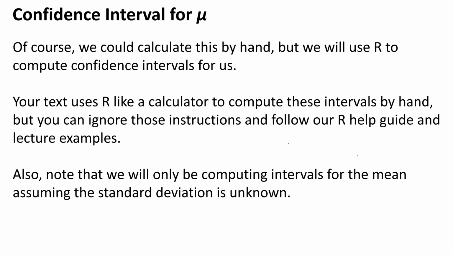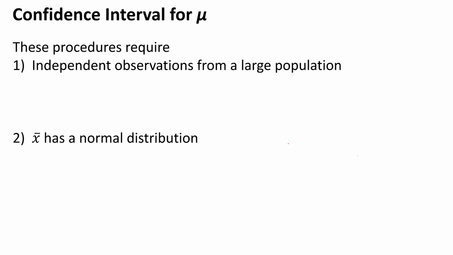So also note that we will only be computing intervals for the mean assuming the standard deviation is unknown. That is, we're using S instead of sigma, and we'll use the t distribution. All right, so these procedures require 2 assumptions: that the observations are independent and that the sample mean has a normal distribution.